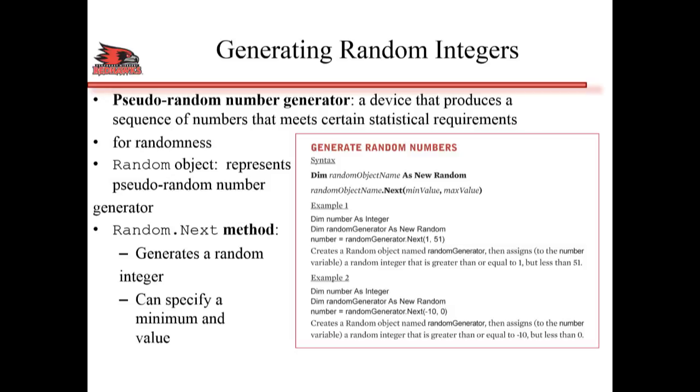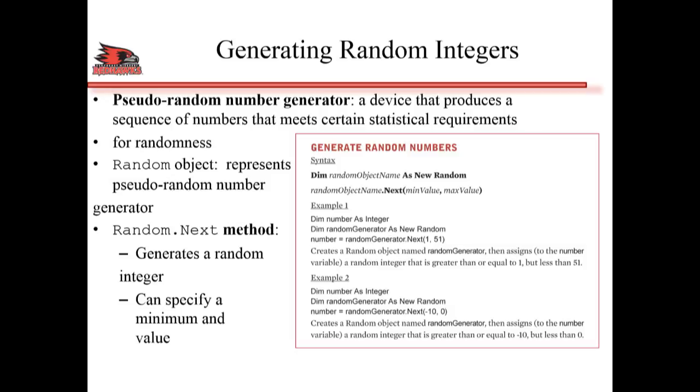And then after declaring it, you have to give it a range. So whatever the object name, dot Next, and then within parentheses the min value and max value. Now the way it's set up is that the random number can be equal to or greater than the minimum value, but the maximum value is always greater than the random number, so it never reaches the maximum value.